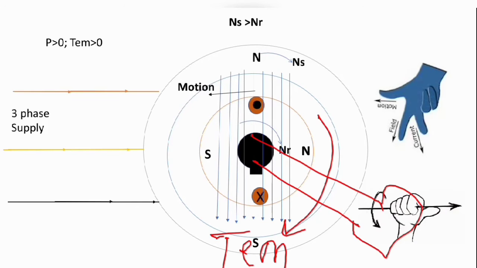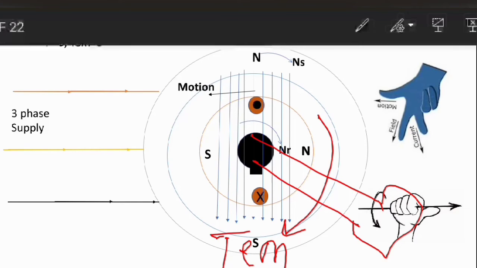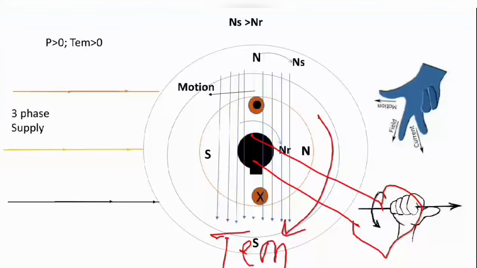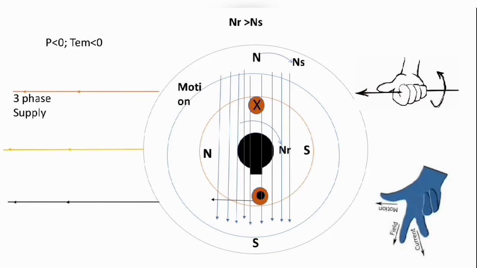In your previous case, on the right hand side you see north and on the left hand side you see south, but in case of the generator it is north here and south here. So the direction of the pole is changed, along with the direction of current.